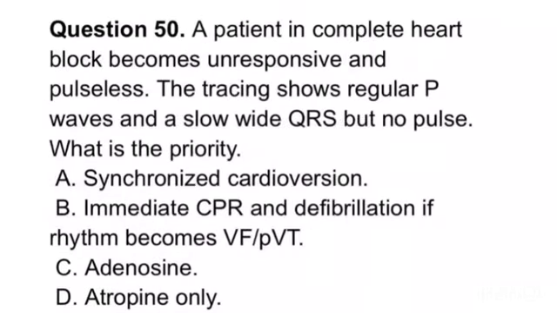Question 50. A patient in complete heart block becomes unresponsive and pulseless. The tracing shows regular P waves and a slow wide QRS but no pulse. What is the priority? A. Synchronized cardioversion. B. Immediate CPR and defibrillation if rhythm becomes VF/pVT. C. Adenosine. D. Atropine only.